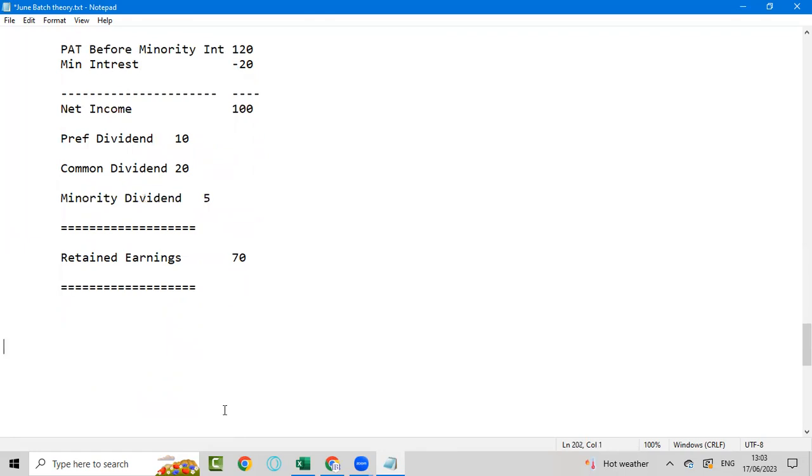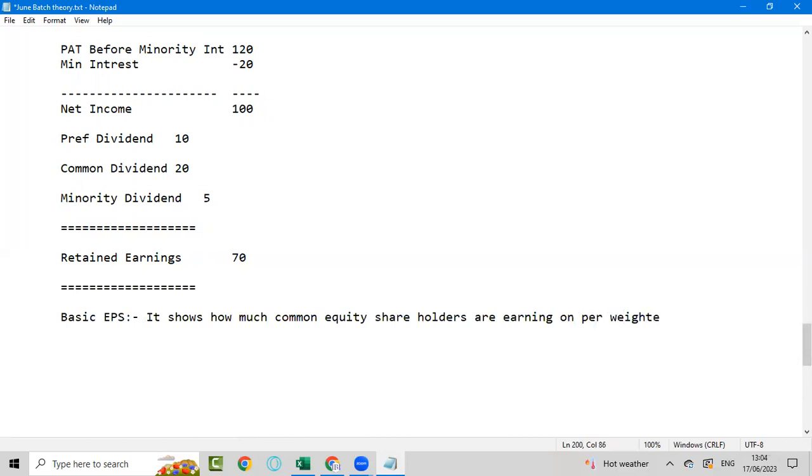Now there are two types of EPS. We will first talk about basic earning per share. It shows how much common equity shareholders are earning on a per weighted average share basis.